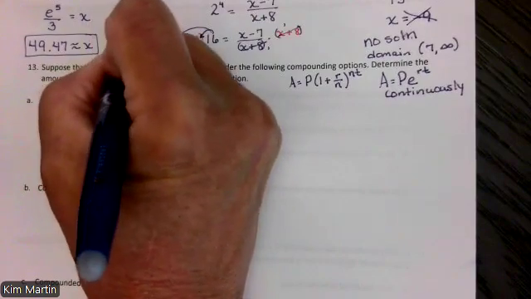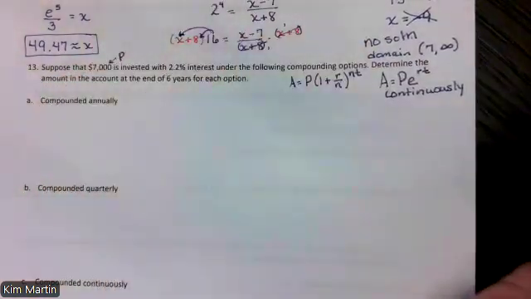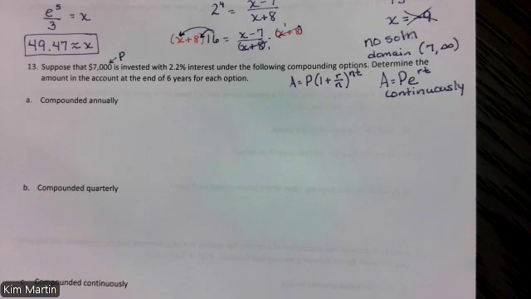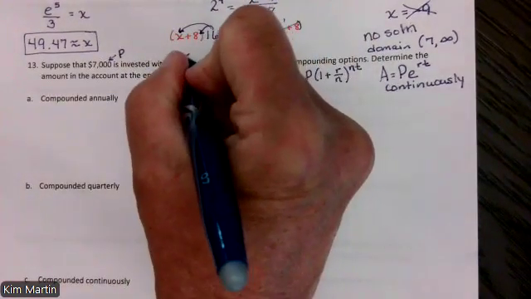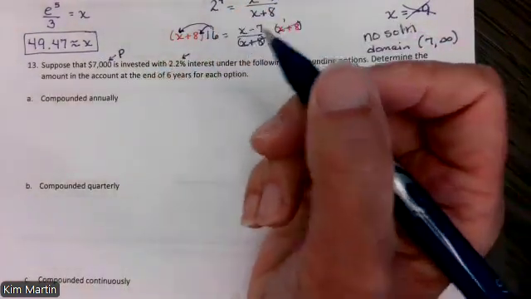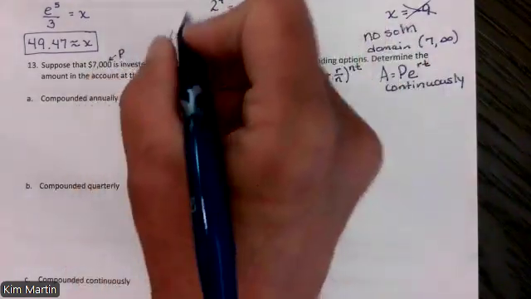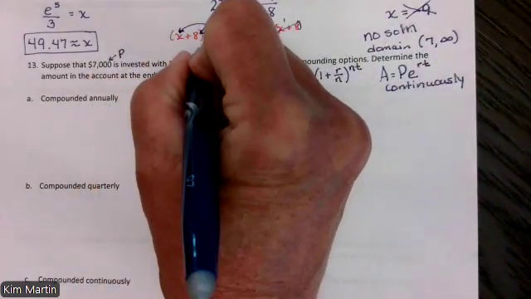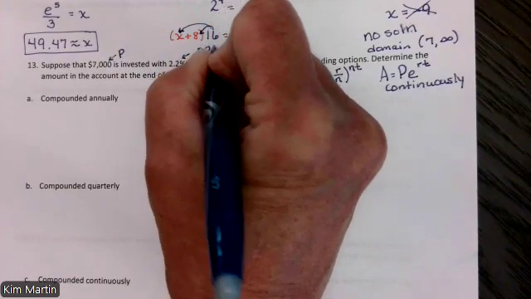This is your P, which is called your principal. It's the initial amount that you're investing. This is your rate. You must change that percent to a decimal. So when you do that, you move your decimal left 2 places.